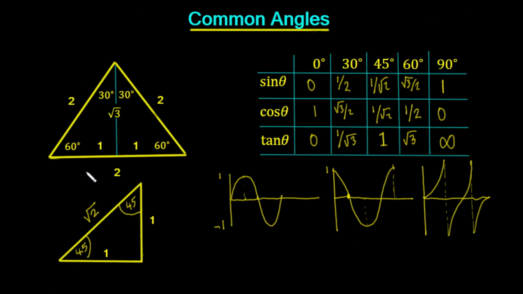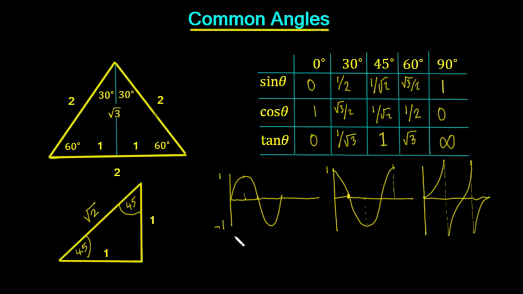The second thing to remember is a triangle with two sides of length 1. From that we can work out the angles are 45, 45 and the length is root 2. And this is going to allow us to work out the sine, the cosine and the tan of 45 degrees.